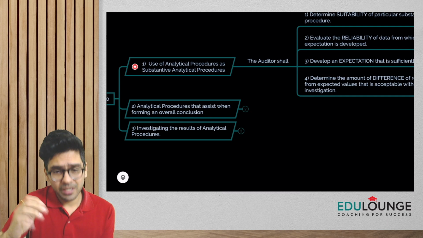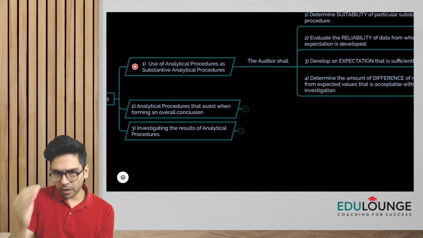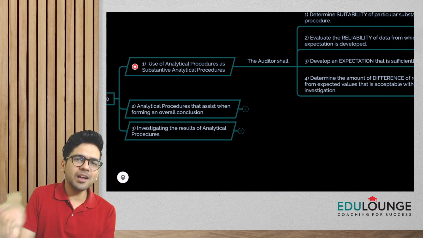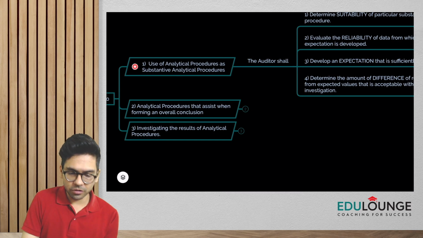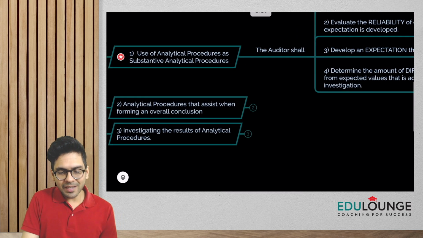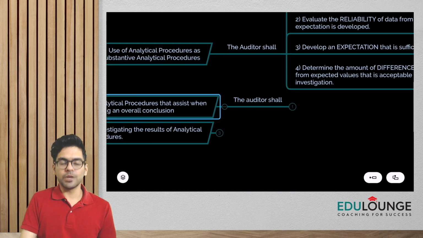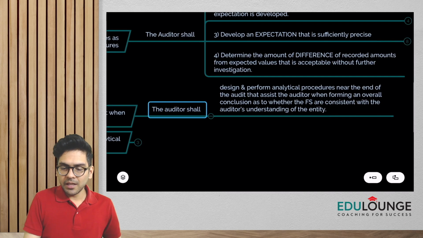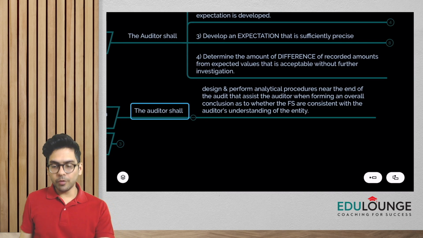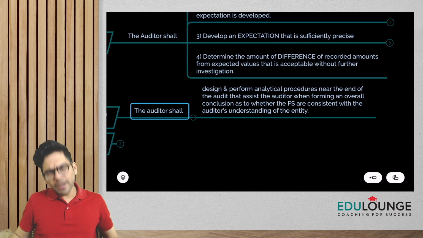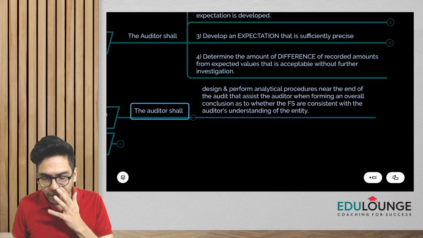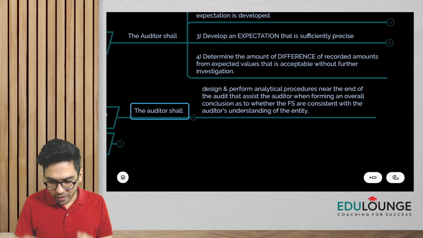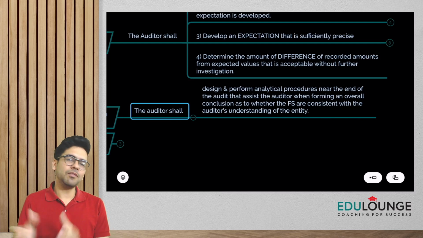But at the same time I have to tell you this also, that analytical procedures have to be used at the near completion of audit towards the reporting phase also. So analytical procedures that assist when forming overall conclusion. It says the auditor shall design and perform analytical procedure near the end of audit that assist the auditors when forming an overall conclusion as to whether the financial statements are consistent with the auditor's understanding.